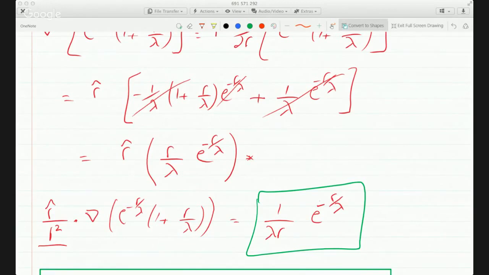Oh, right. This is lambda squared here. Yeah, because there's a lambda from here and there's a lambda from here.